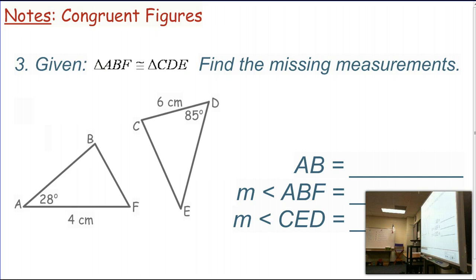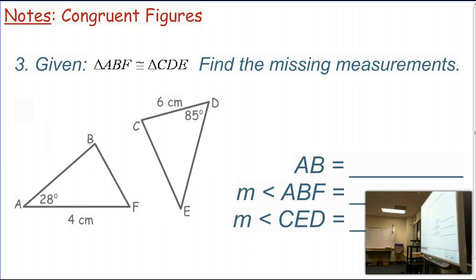Given triangle ABF is congruent to triangle CDE, find the missing measurements. Just warning, the figure's not really drawn to scale. Trust the congruent statement, don't trust your eyes.